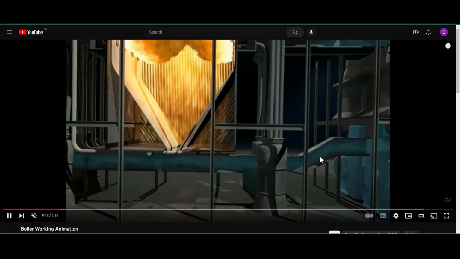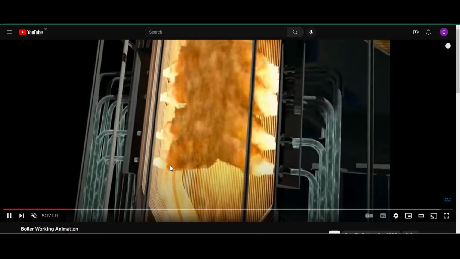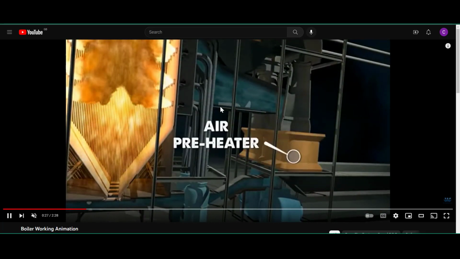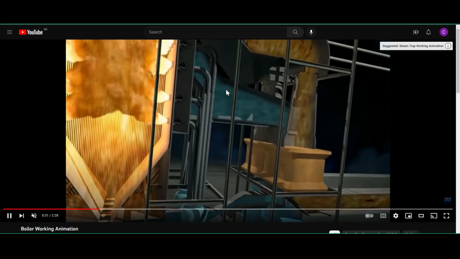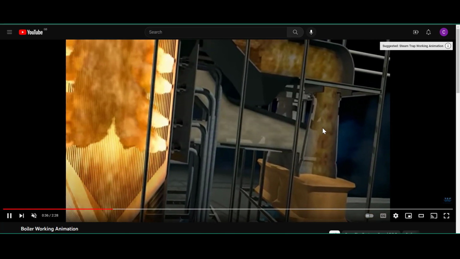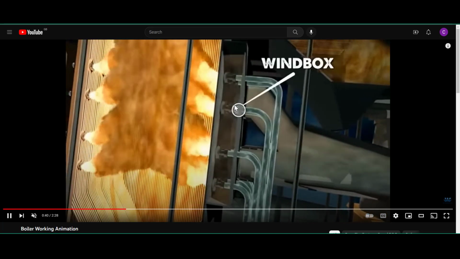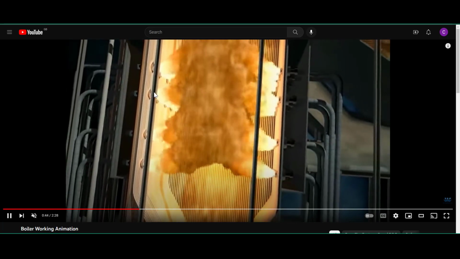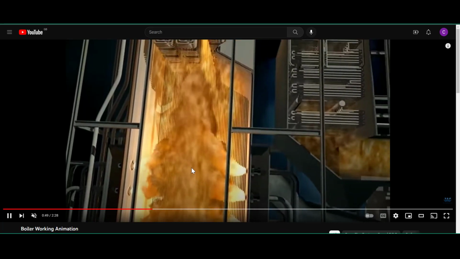Here you have the forced air that is pumping the pulverized coal inside from the side of this furnace, and then the second stream of forced air is being preheated by the flue gas that is coming out of the stack, and then this preheated air mixed with the pulverized coal is burned, and then you have the flame from that. And then you have the radiant section here.